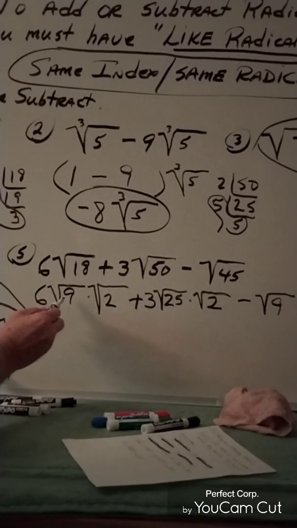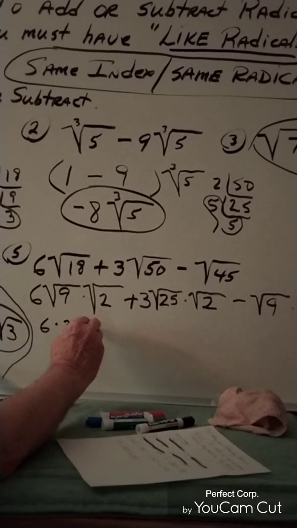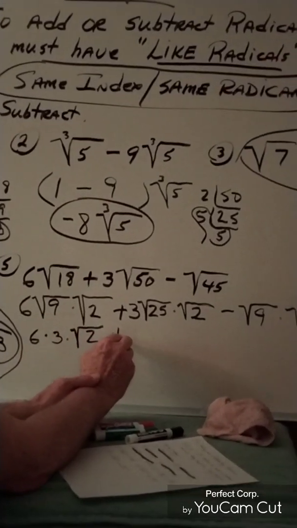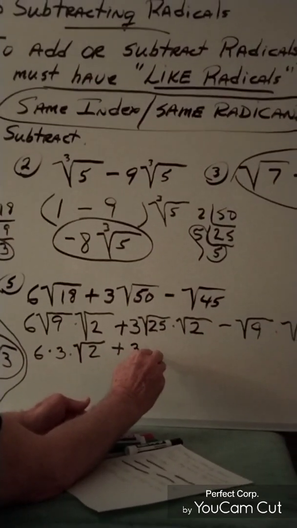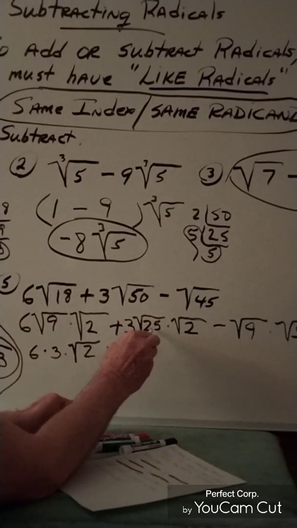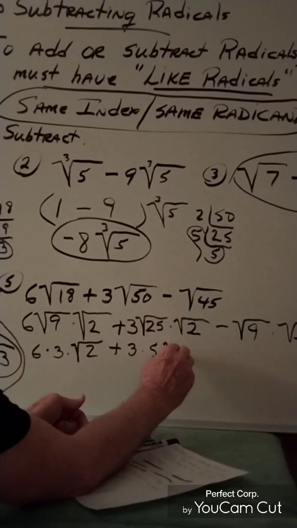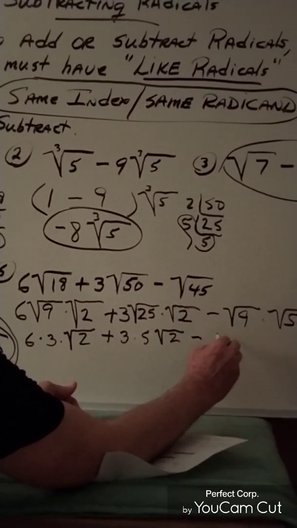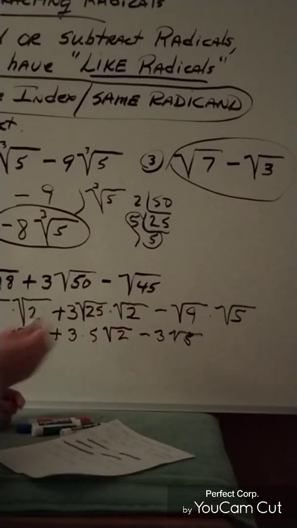Times the root of 9, which is 3, times root 2, plus 3 times 5. Root 25 is 5, multiplied by the root 2, minus, pull them out, 3 root 5.